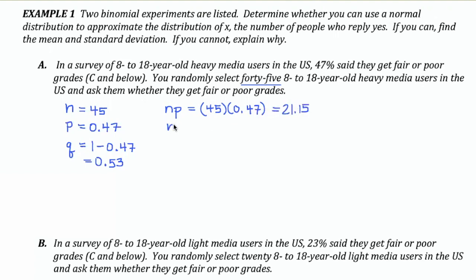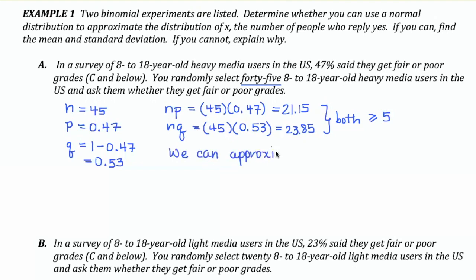And then we're going to do n times q, and we get 45 times 0.53, which is about 23.85. Since these are both greater than or equal to 5, we can use a normal approximation. And because of that, we can use the formulas.